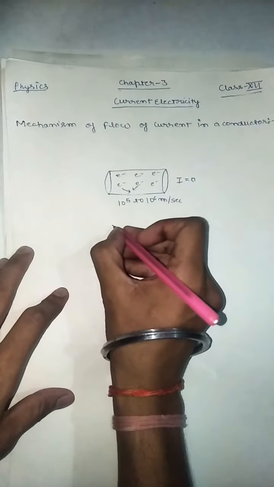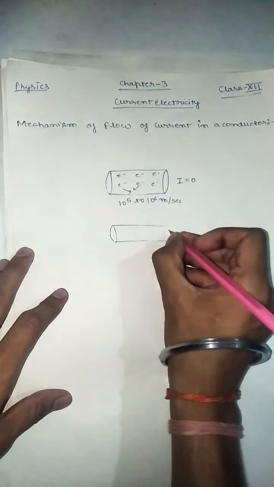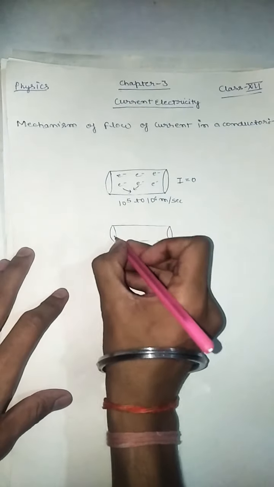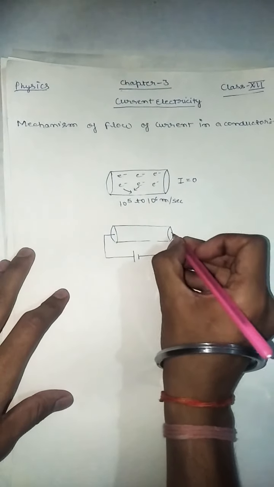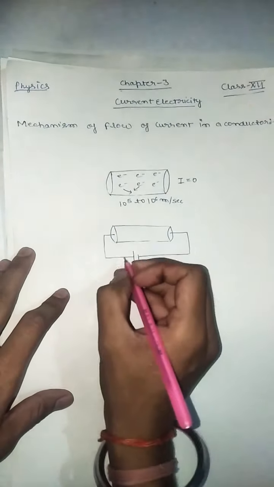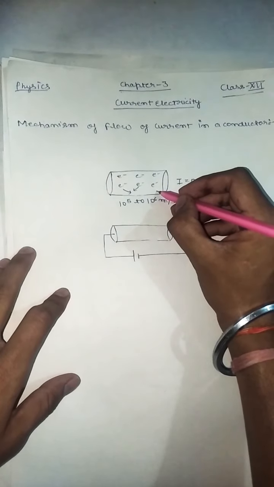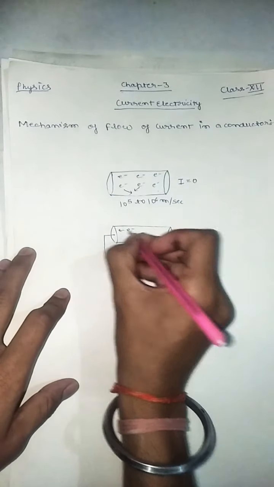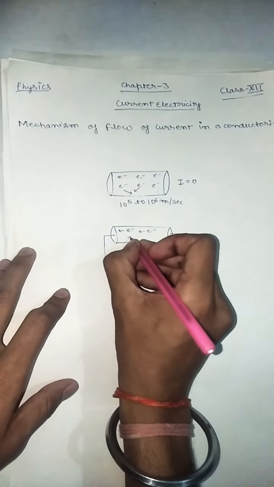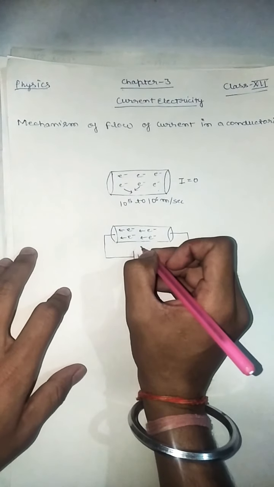But when we connect this conductor with an external source, say a battery, these electrons which are moving randomly here and there attain a particular direction and tend to move opposite to the direction of the electric field.